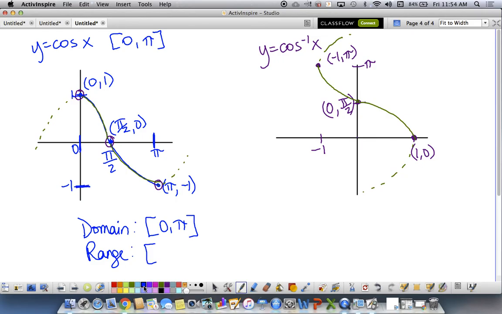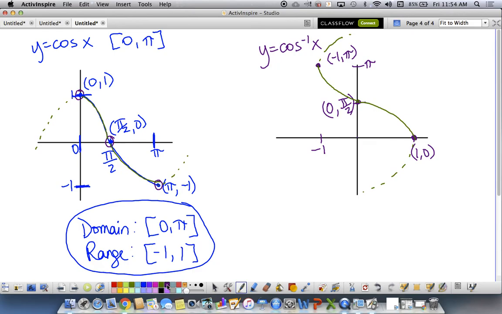Start at -1, we go to 1. We always start with a smaller number, that's why our negative will go first. For -1 to 1. These will always be the domain and range for this cosine function.